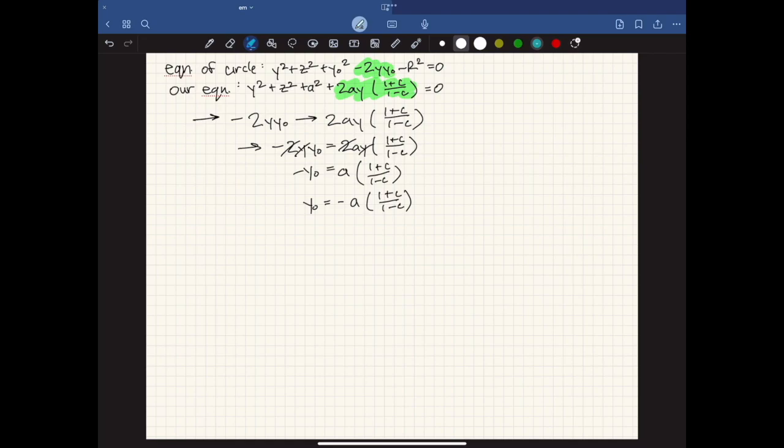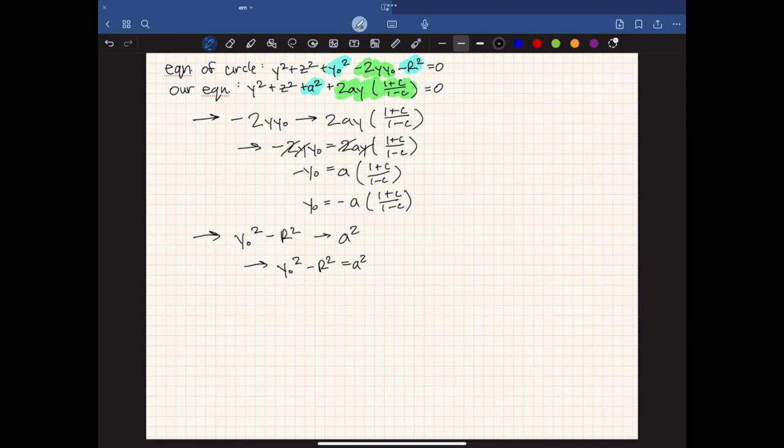Another thing that's different in the equation are these. So we can do something similar. We want this portion of the equation to turn to a squared. And we can do this by defining r. So we set these two equal to each other and solve for r.